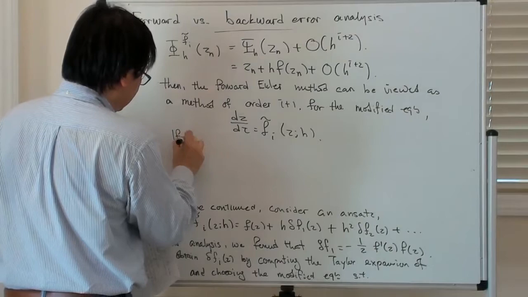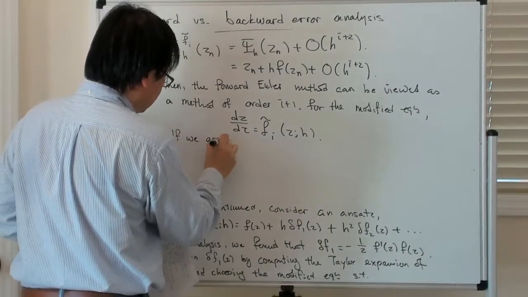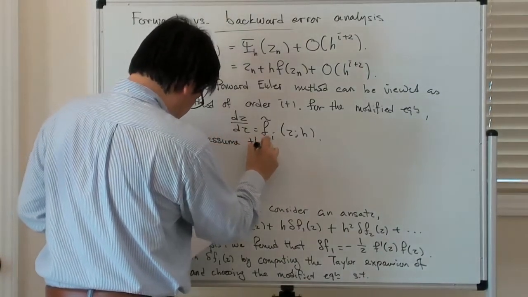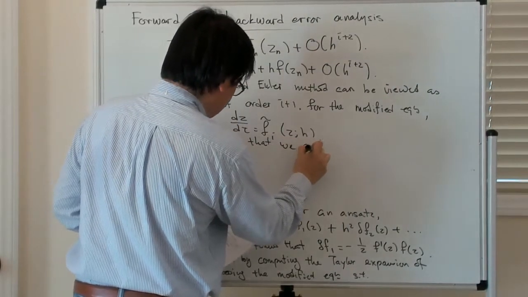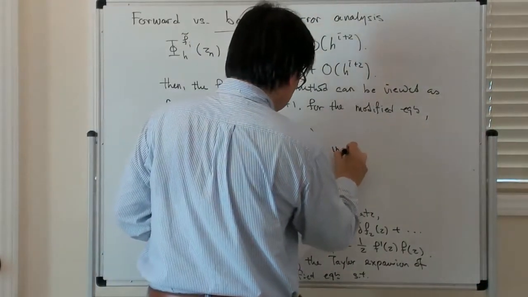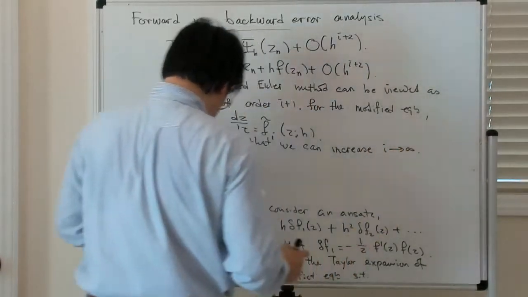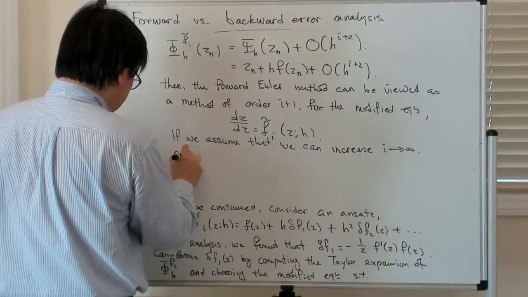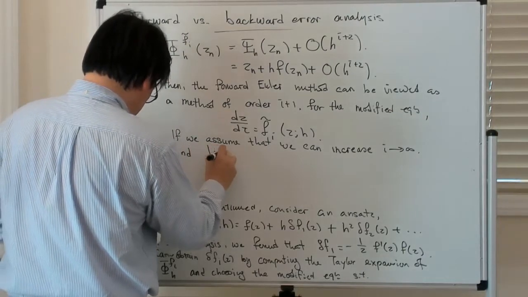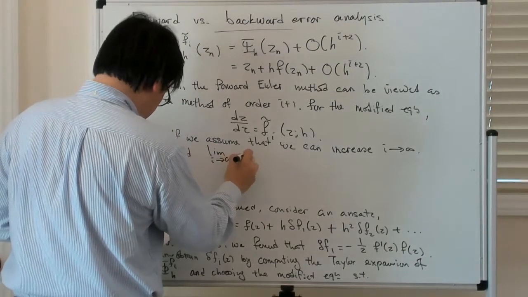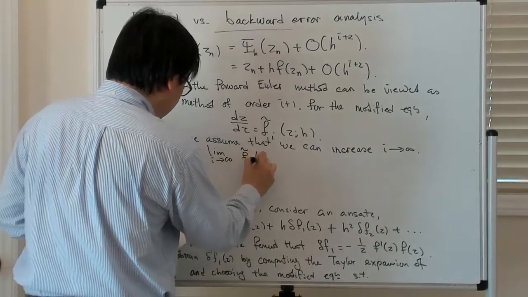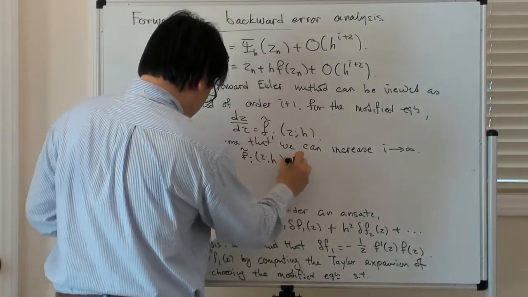So if we assume that we can increase I to infinity, and this limit, as I goes to infinity of f tilde I of z, h, is well defined.